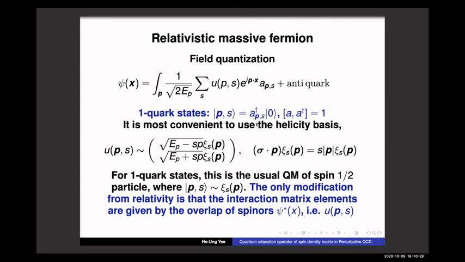But is it possible for you to consider another basis, for example along a fixed direction, like the y direction? Initially you have polarization along the y direction, then after some time it disappears. Yes, that's also a good question. In principle that is possible, although it may not have a smooth massless limit, but for the massive case it should be possible.